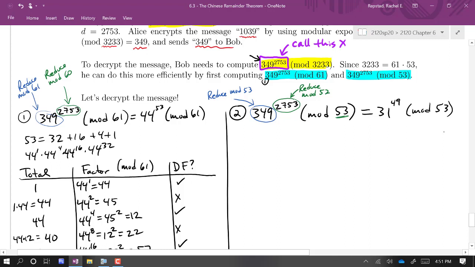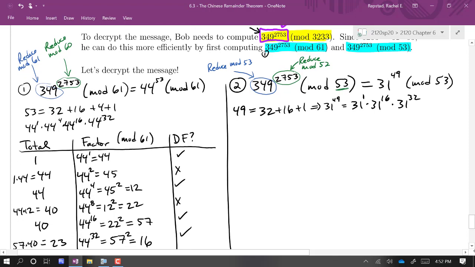So we've used Fermat's last theorem now to restate this computation we want to make, and it makes it a smaller problem. So 49 is equal to 32 plus 16 plus 1. There it is as a sum of powers of 2. So that means that 31 to the 49 is 31 to the first times 31 to the 16 times 31 to the 32 power.